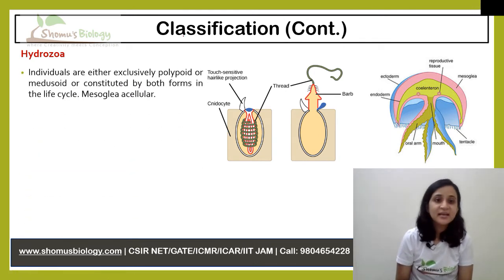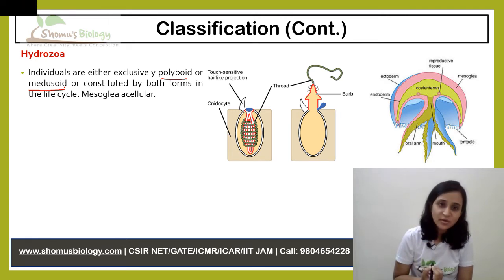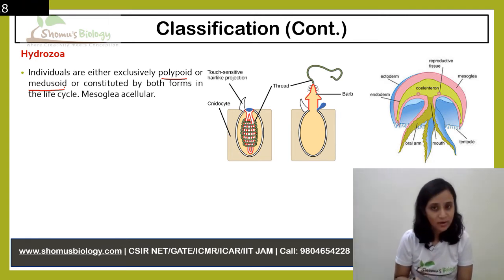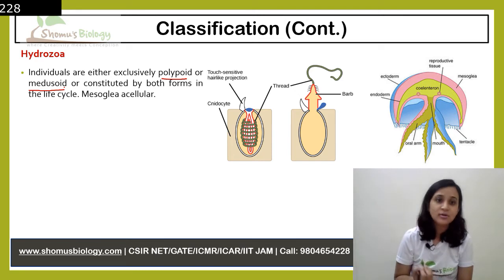In this case, individuals are either exclusively polypoid or medusoid, or constituted by both forms in the life cycle.